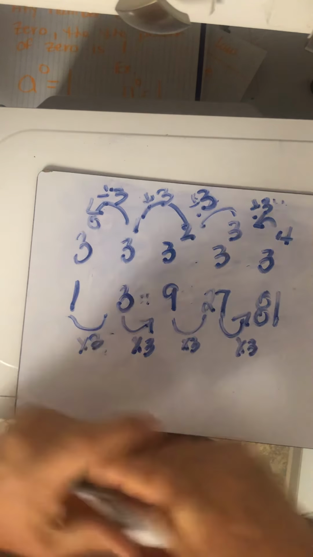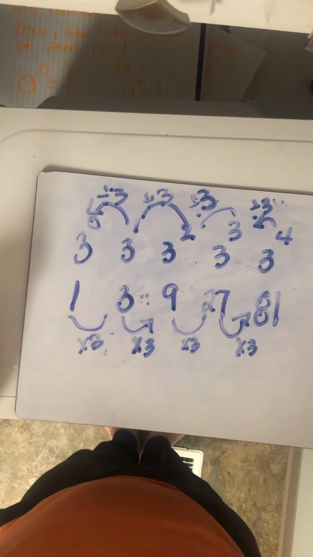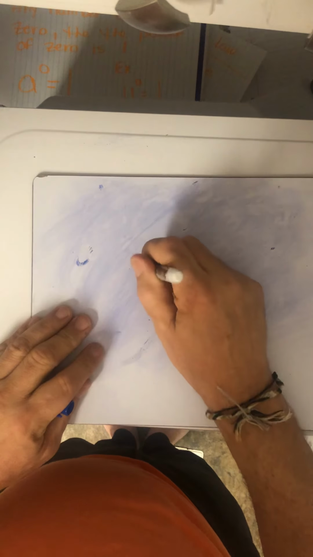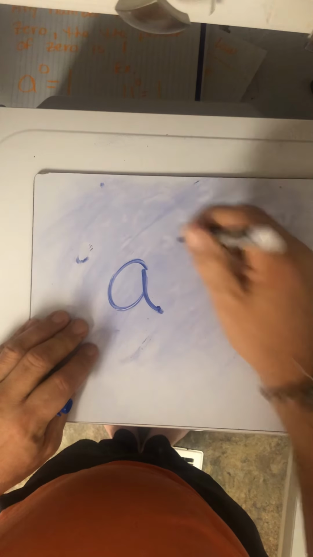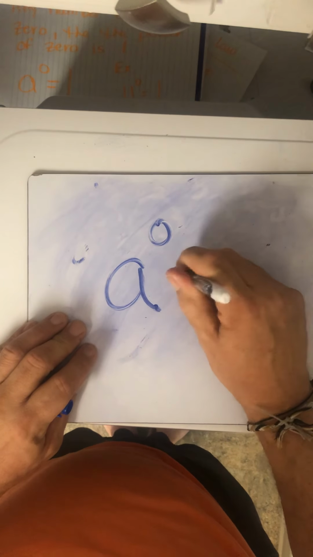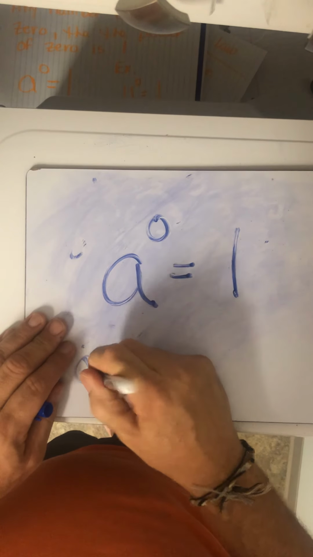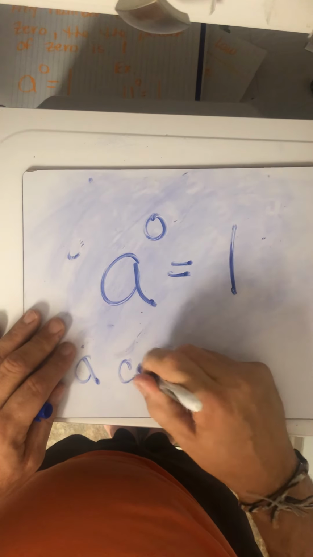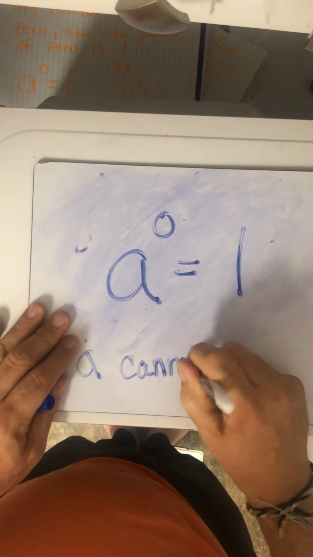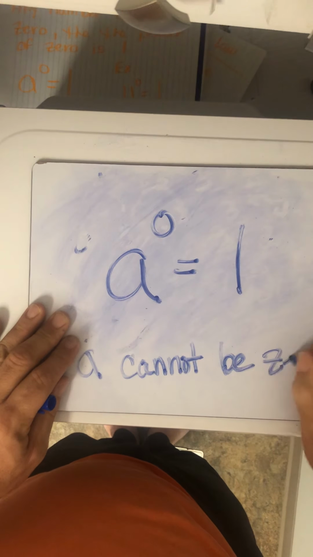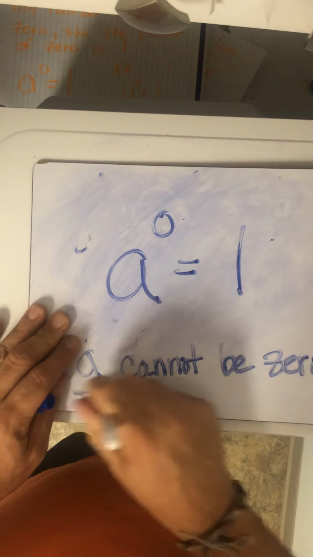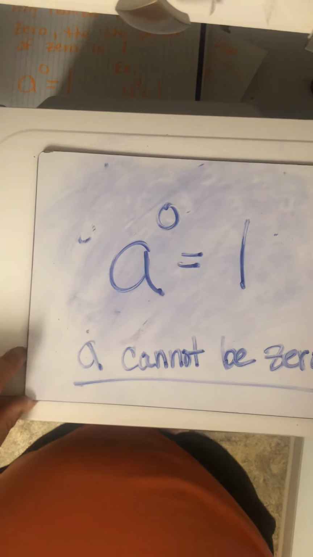So it doesn't matter what number we use, that pattern is going to work, which proves, and which we will always say, any number to the 0 power equals 1, except a cannot be 0.